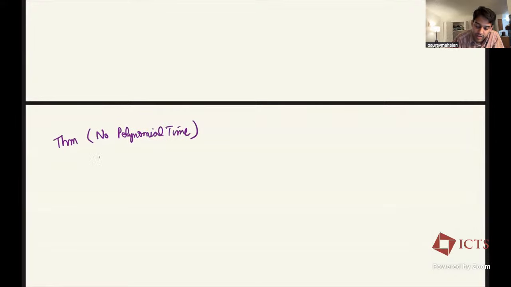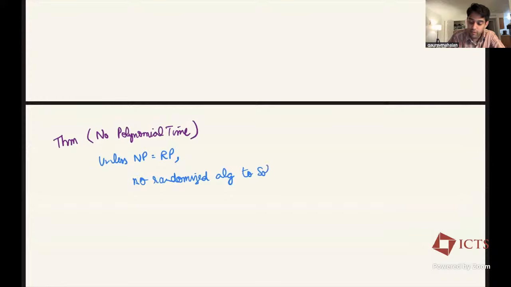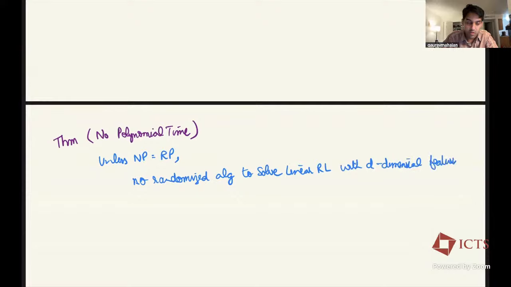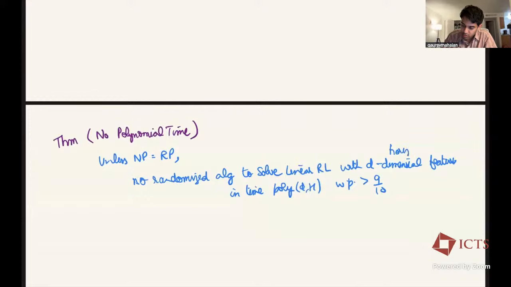So basically, unless NP is RP, there are no randomized algorithms to solve linear RL with d-dimensional features in time poly(d, H), and horizon H. Okay, so unless NP is RP, there are no randomized algorithms to solve this problem with probability more than 9/10.